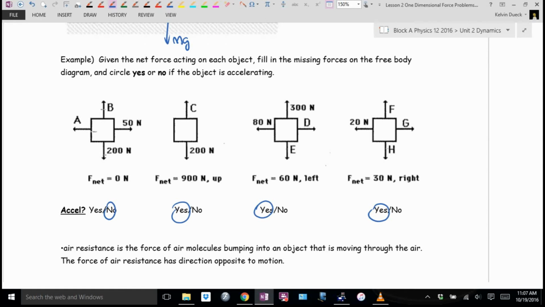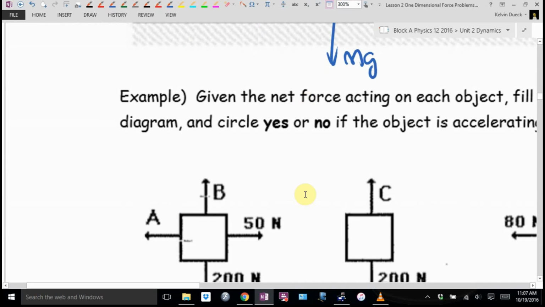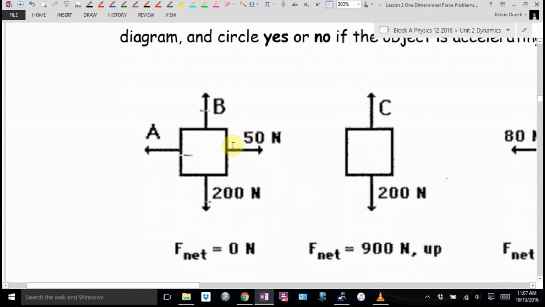So, in the first diagram, if you know the net force is 0, how big does force A have to be? Yes? How big does force B have to be? Has to be 200 newtons.